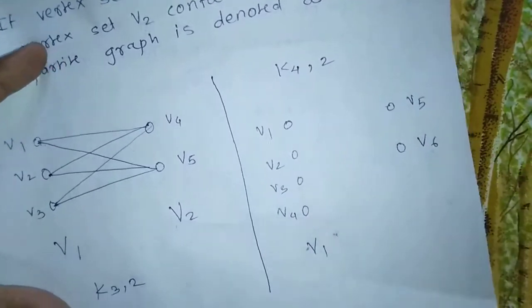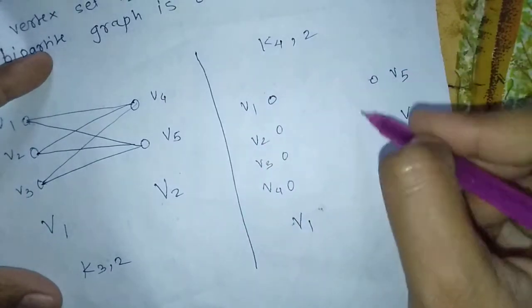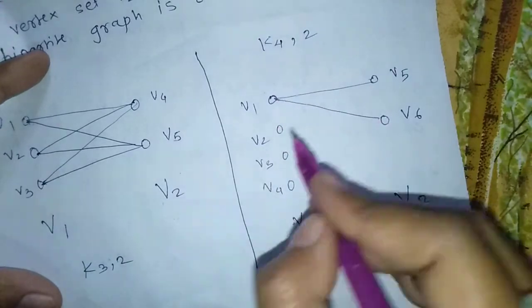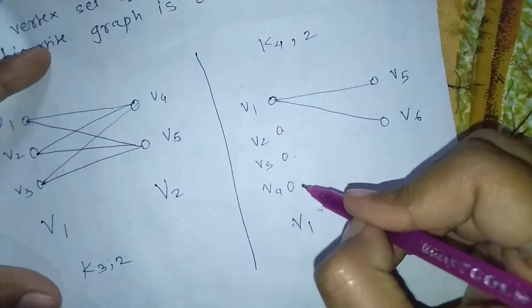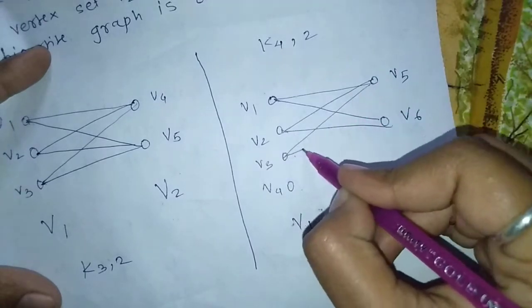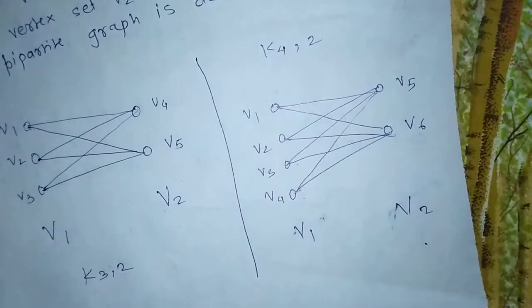This is denoted as capital V1 and this is denoted as capital V2. So V1 is adjacent to V5, V6. Similarly for V2, V3, V4. Complete bipartite graph.